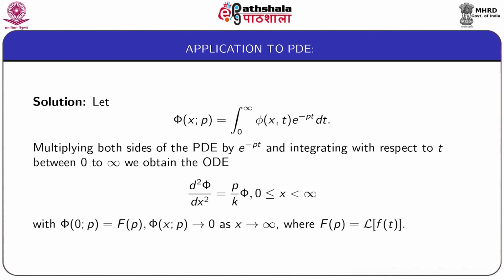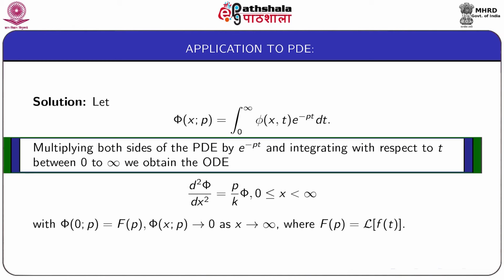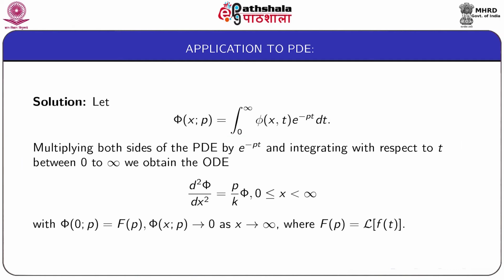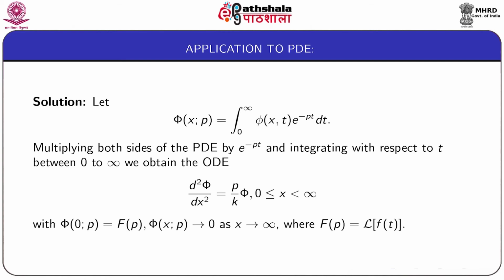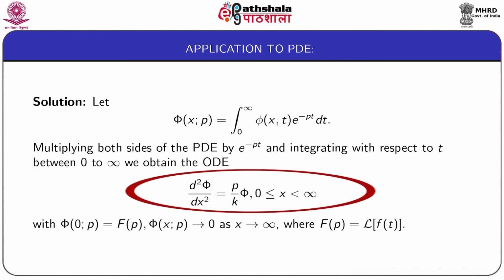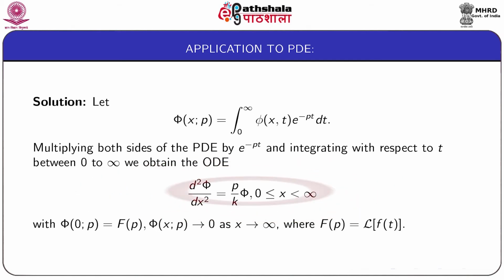We multiply both sides of the given partial differential equation by e^(-pt) and integrate with respect to t between 0 and infinity, and we use the initial condition to obtain the ordinary differential equation in Φ, which is given by d²Φ/dx² = (p/k) Φ, x lying in the interval 0 to infinity.